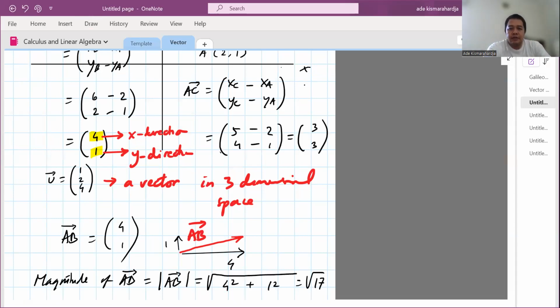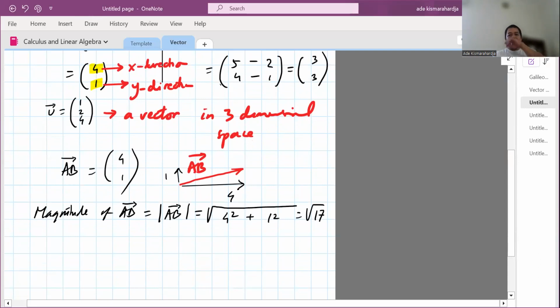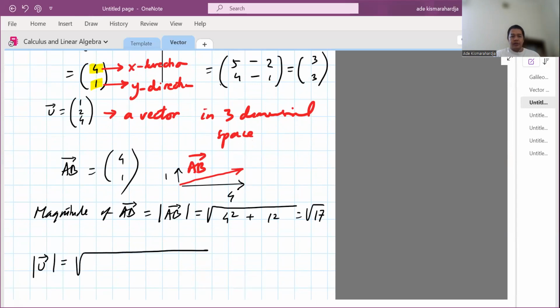So square root of 17. So that's the magnitude of a vector. You can simply use the Pythagoras formula. What about this vector u? If you want to get the magnitude of it, the same way you can just use the square root of 1 squared plus 2 squared plus 4 squared. So it is the square root of 1 plus 4 plus 16. That's how you calculate the magnitude of a vector.